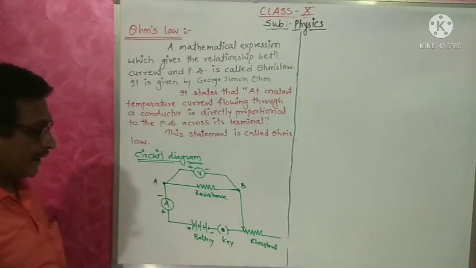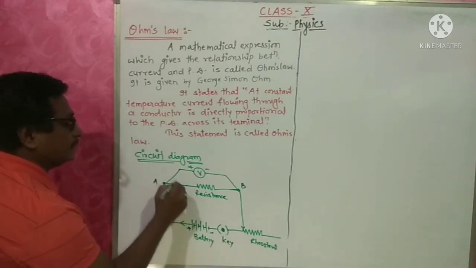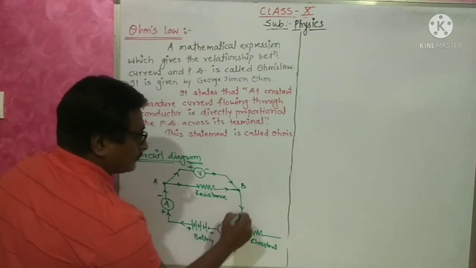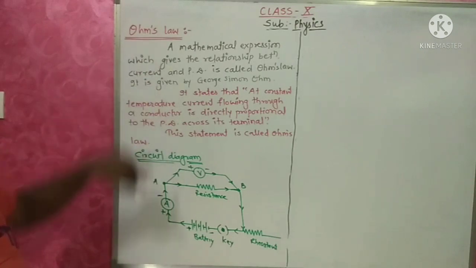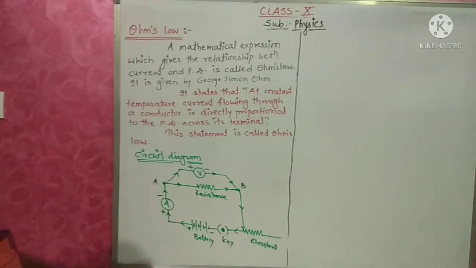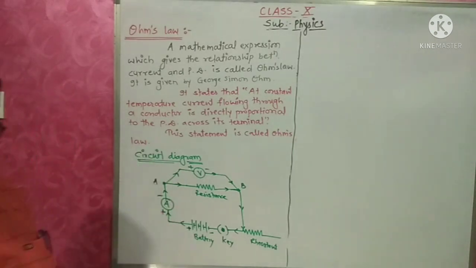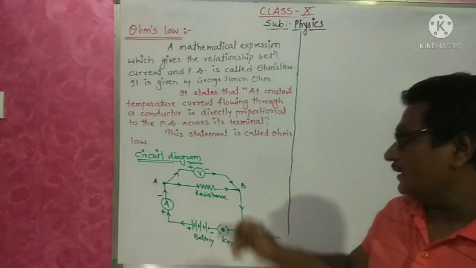Battery, key. And the direction of current is from positive to negative terminal. This is the circuit diagram for Ohm's law. In this way we have to connect all the apparatus in the practical lab.